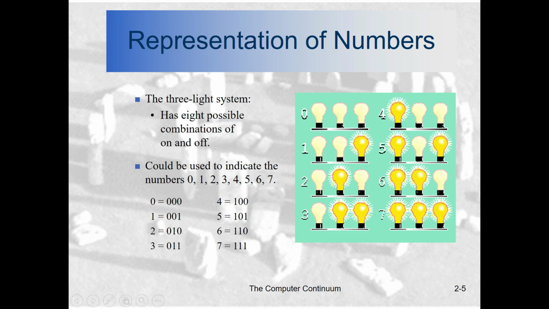Then if one of the circuits is turned on, we have 1. If it's 2, then we can represent that as 010, which in binary is 2. Then it would light up the number 2 bulb.